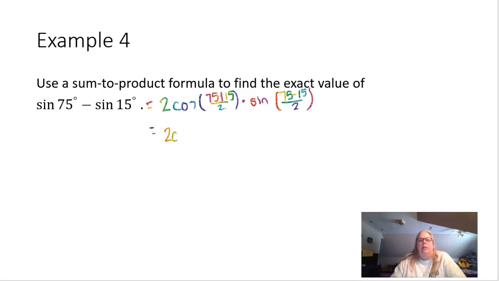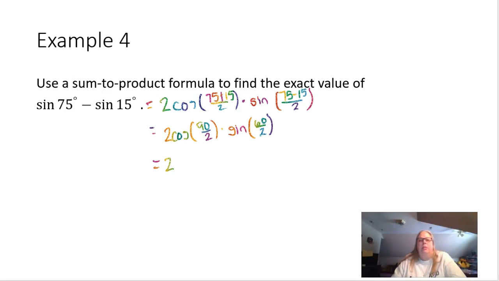This is going to give me 2 times the cosine. Let's see, 75 plus 15, that's 90 over 2, times the sine. Let's see, 75 minus 15, that's going to give me 60 over 2.